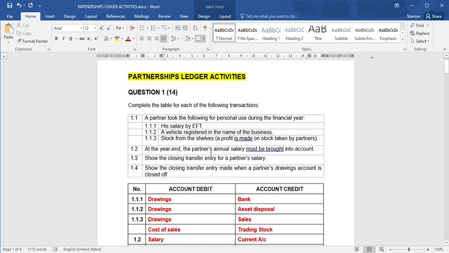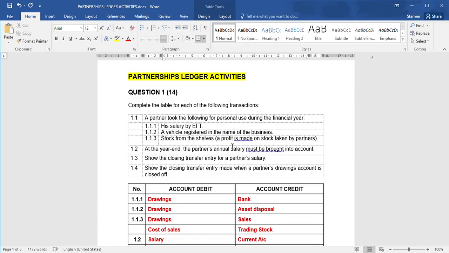And then stock taken from the shelves, and they tell you that a profit is made on stock taken by partners. The reason why they usually do that is because it's not fair if one partner keeps taking stock at cost price and the other partner doesn't take any stock. So usually they'll take it at a marked up price, but just at a discounted selling price.